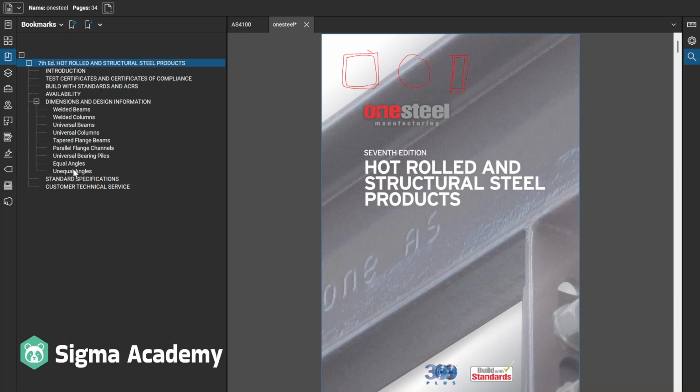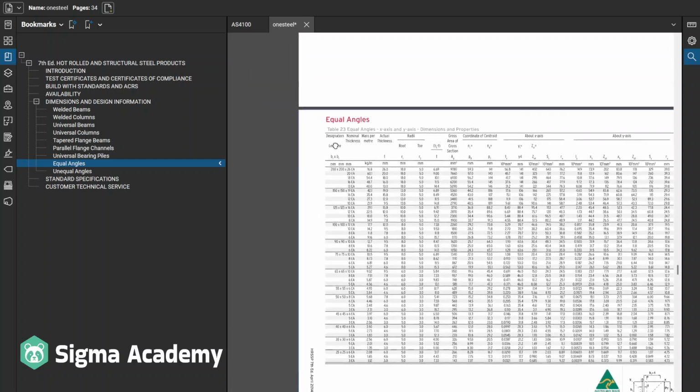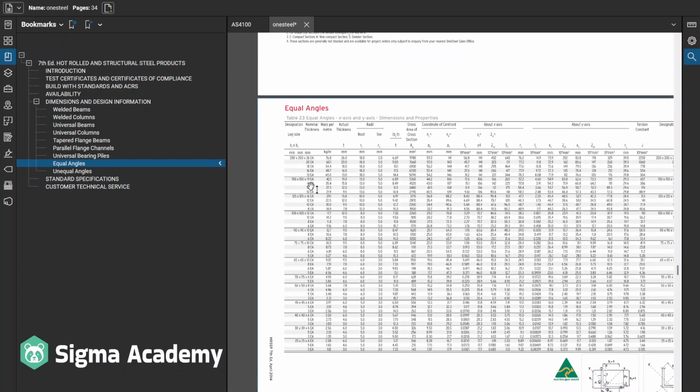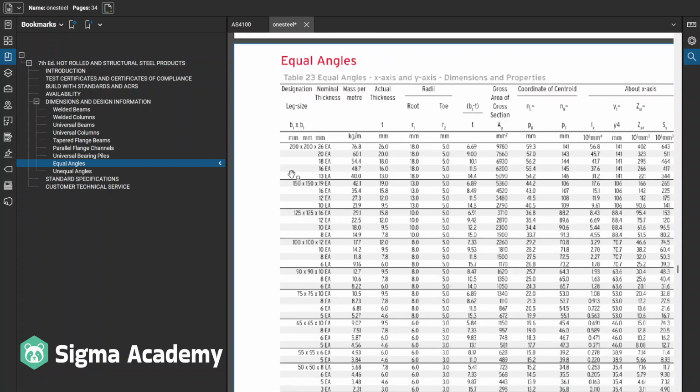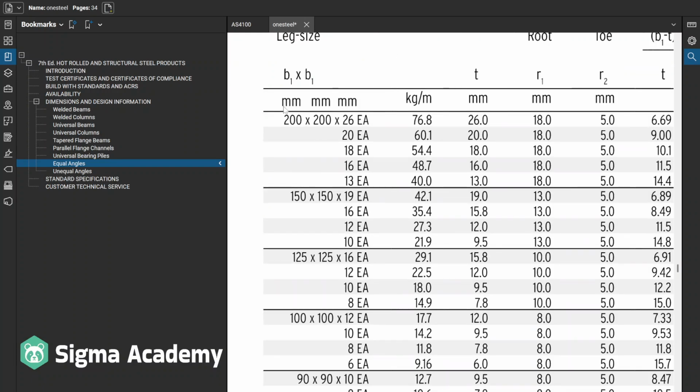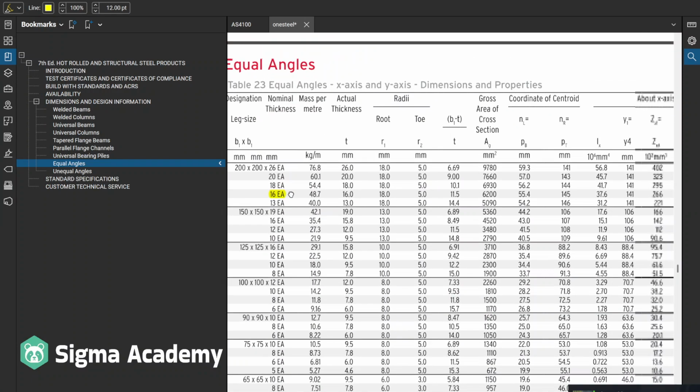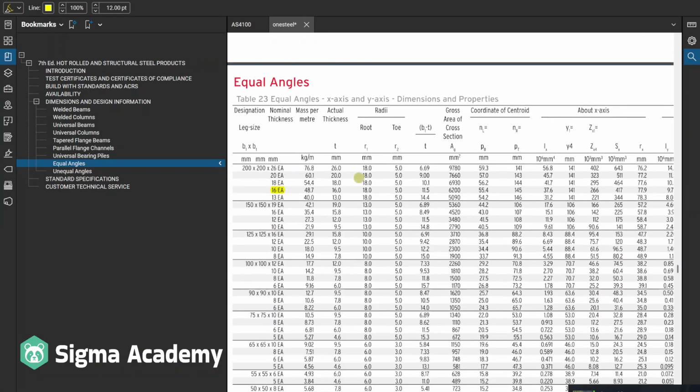So if we go down to equal angles, for example, it's on page 23, and we want to look at 200 by 200 by 16. So here we are, this one. We want to grab a few parameters from here. The first one is your area, which is 6,200.